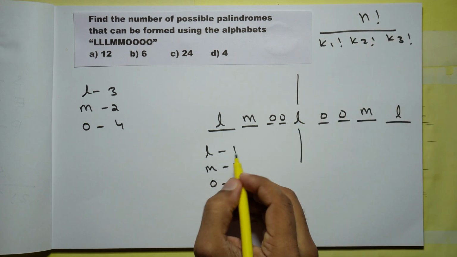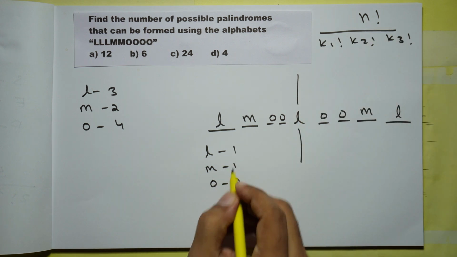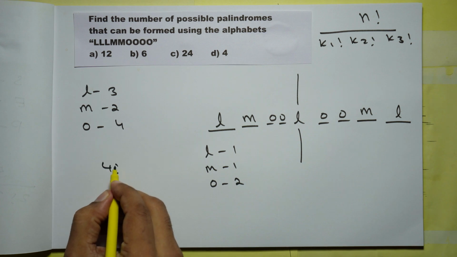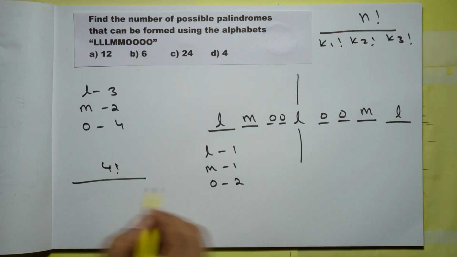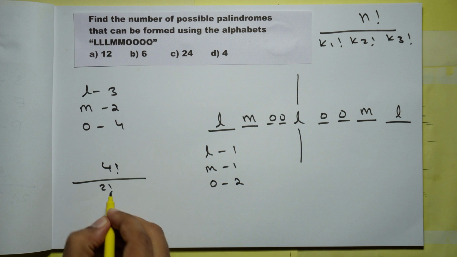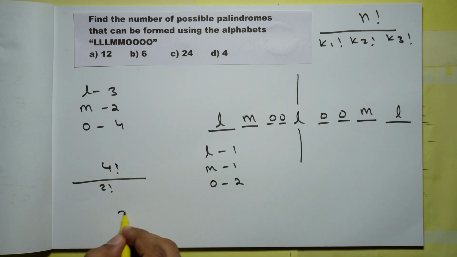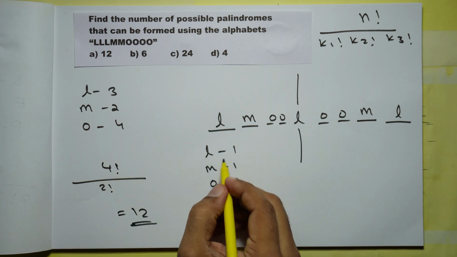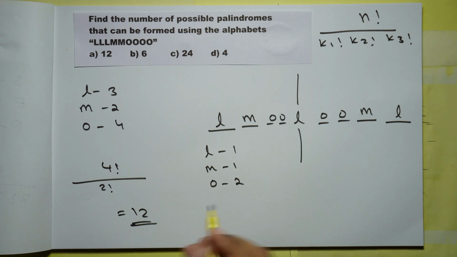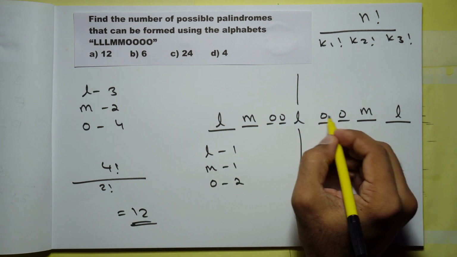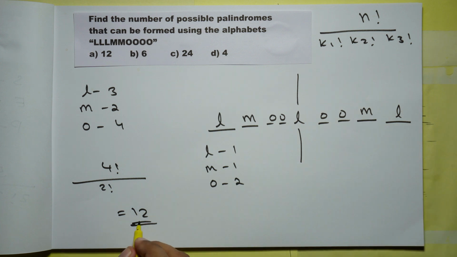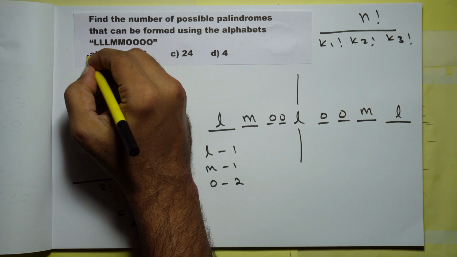Here n is equal to 1 plus 1 is 2, 2 plus 2 is 4. So n is equal to 4, out of which 2 of them are same. 4 factorial is 24, 24 by 2 gives you 12. So altogether 12 arrangements are possible, and for each of these 12 arrangements you can form a palindrome. Hence 12 possible palindromes, option A.